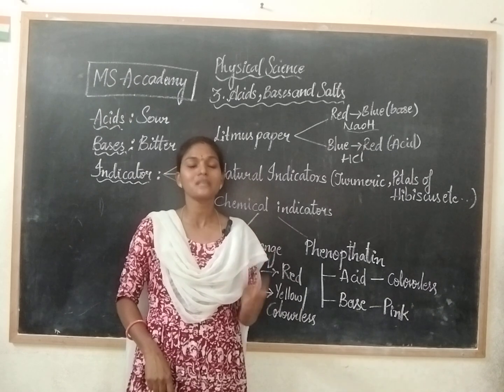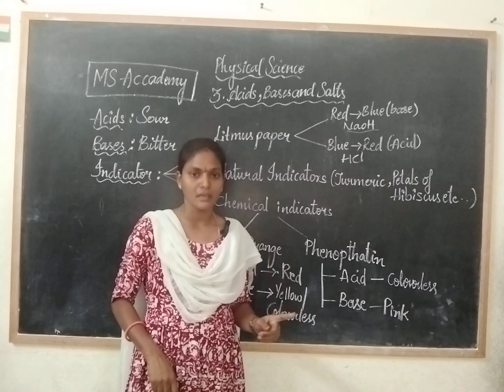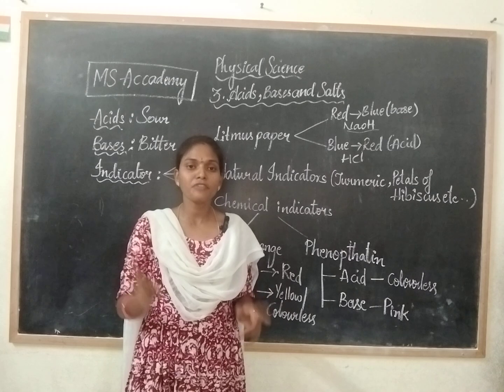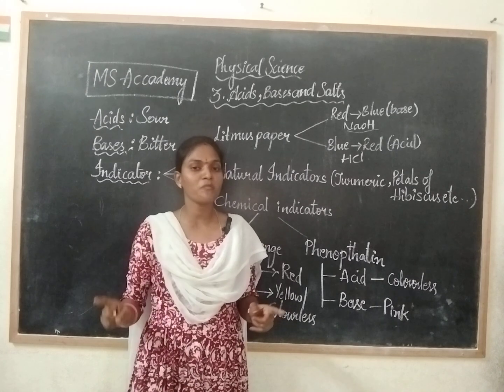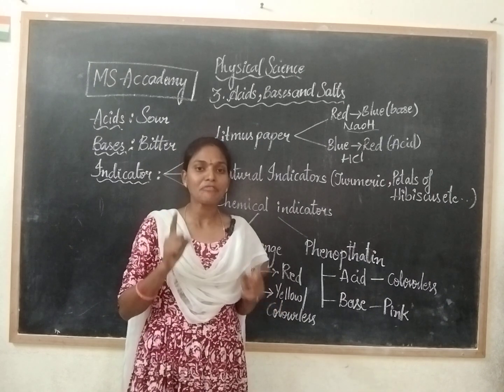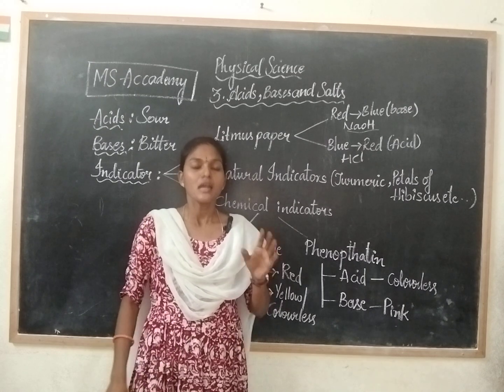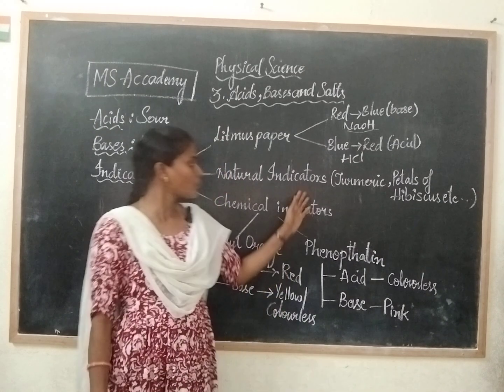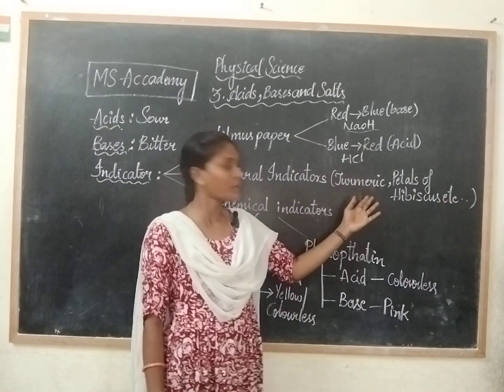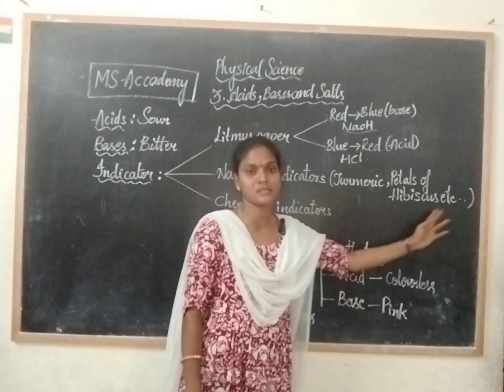It means turmeric paper is acting like an indicator. If you got red color, it means soap water is basic. If the substance is basic in nature, it changes to red in color.